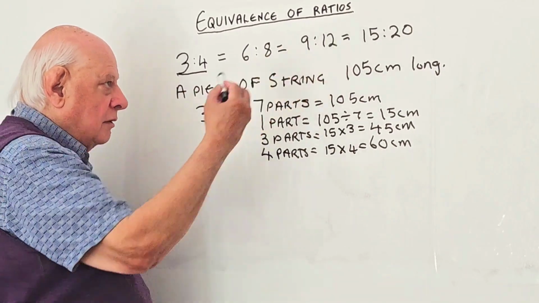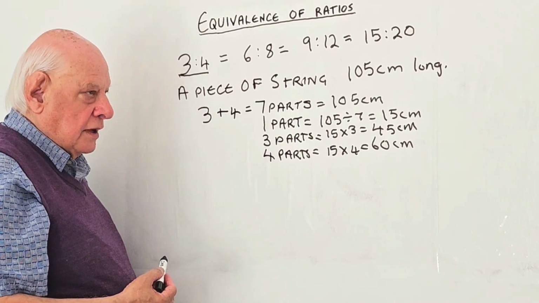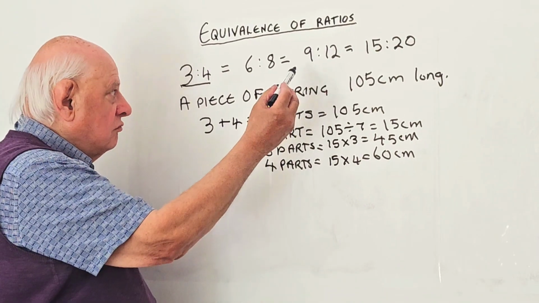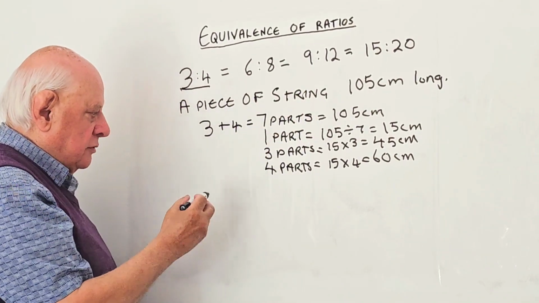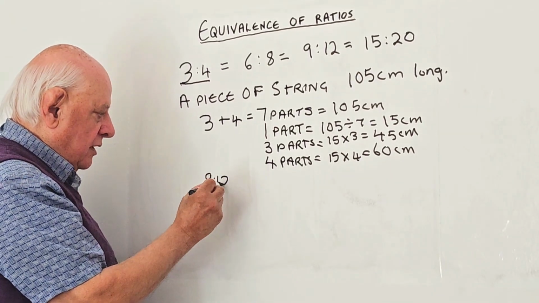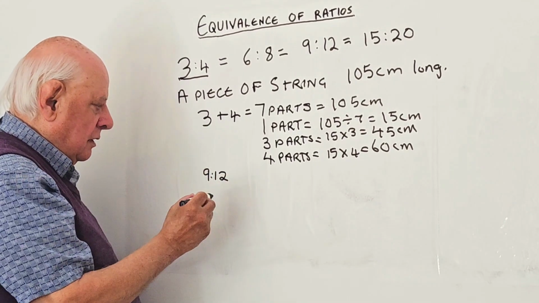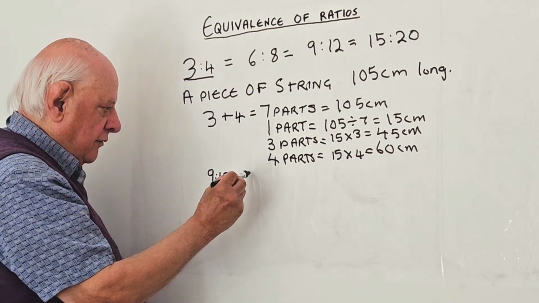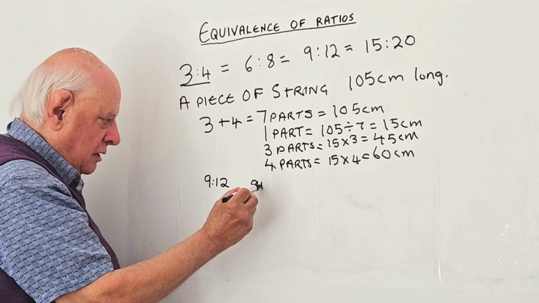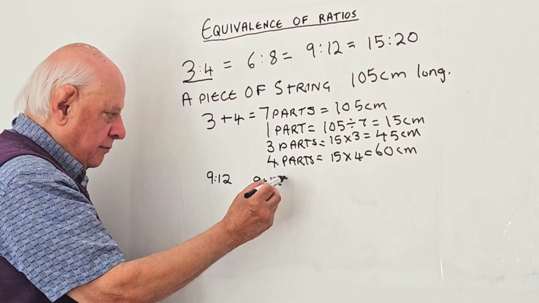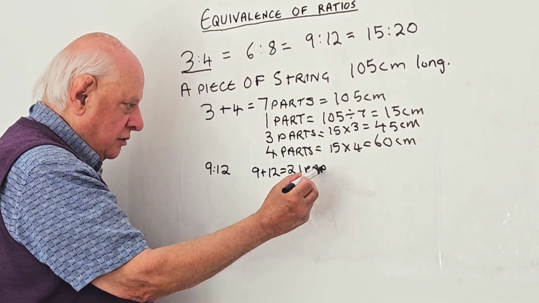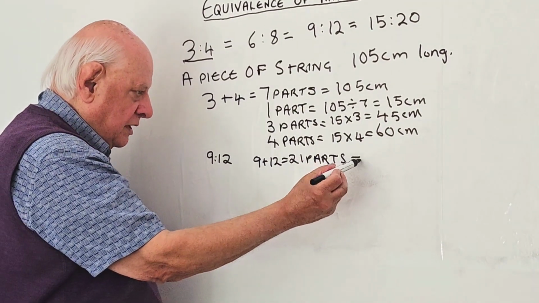Now I'll take another one of those. There. Let's say I take that one, 9 to 12, and proceed in the same way. Okay, so 9 plus 12 is 21 parts, which again has to equal your original length of 105 centimeters.